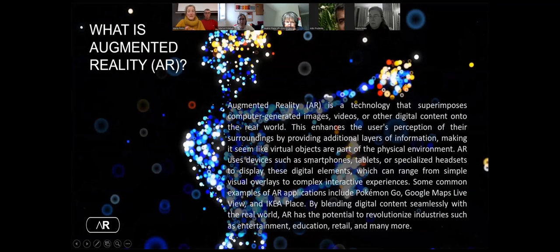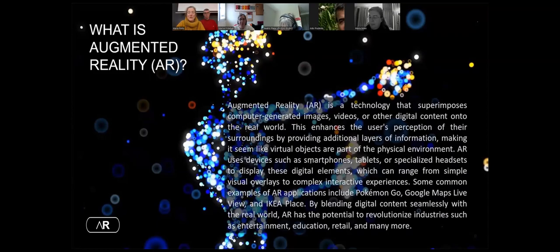So what is augmented reality? We said already this is a technology that superimposes computer-generated image, video, and other digital content onto the real world. This enhances the user's perception of their surroundings by providing additional layers of information, making it seem like virtual objects are part of the physical environment. Augmented reality uses devices such as smartphones, tablets, and specialized headsets to display these digital elements, which can range from simple visual overlays to complex interactive experiences.